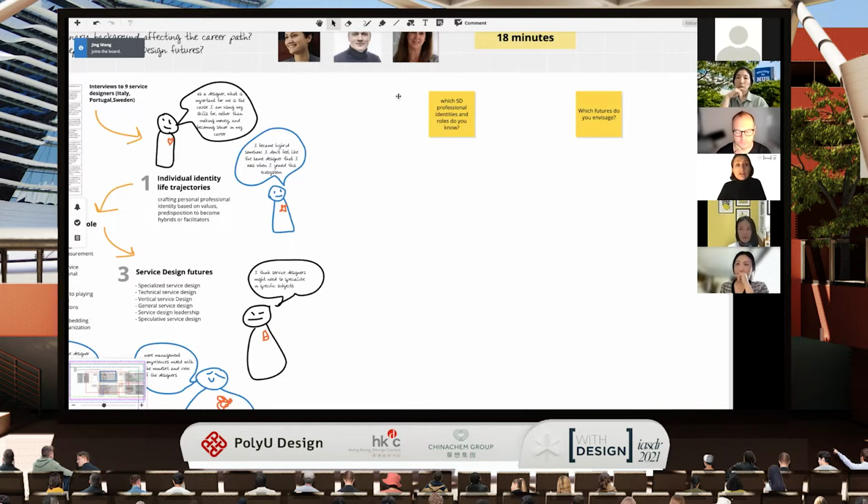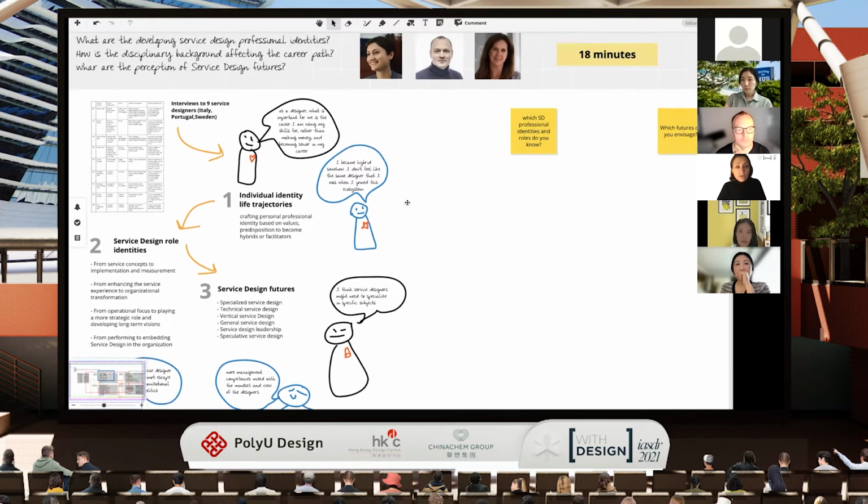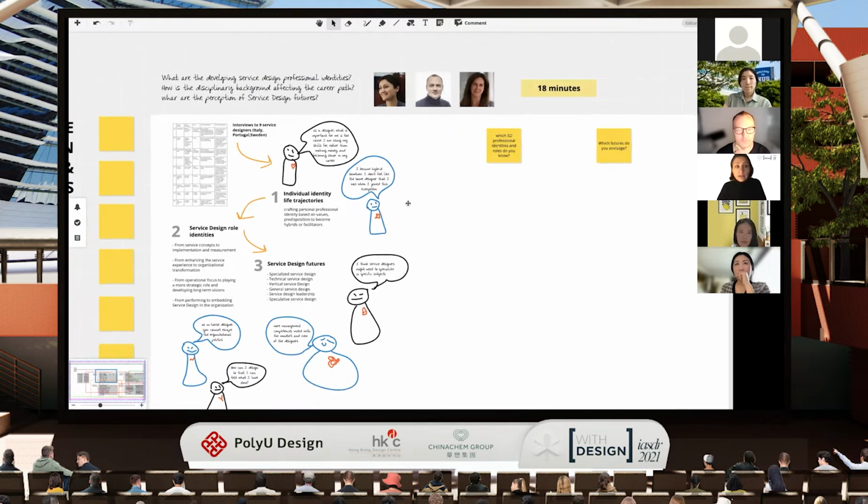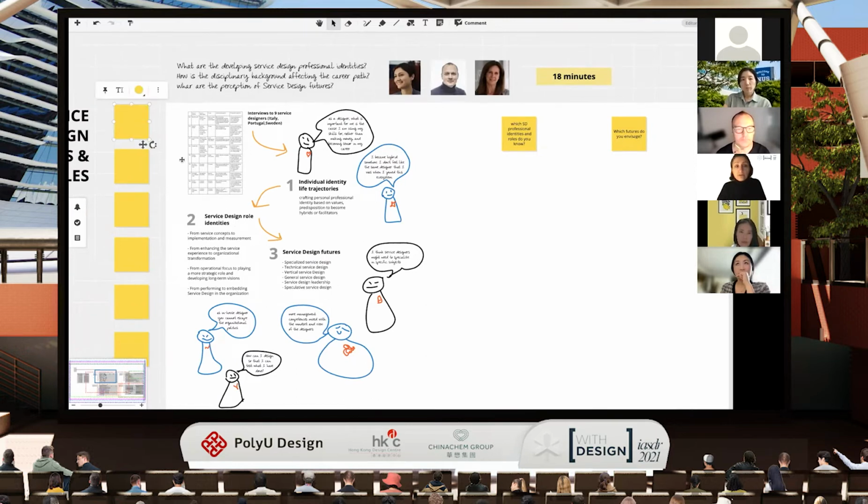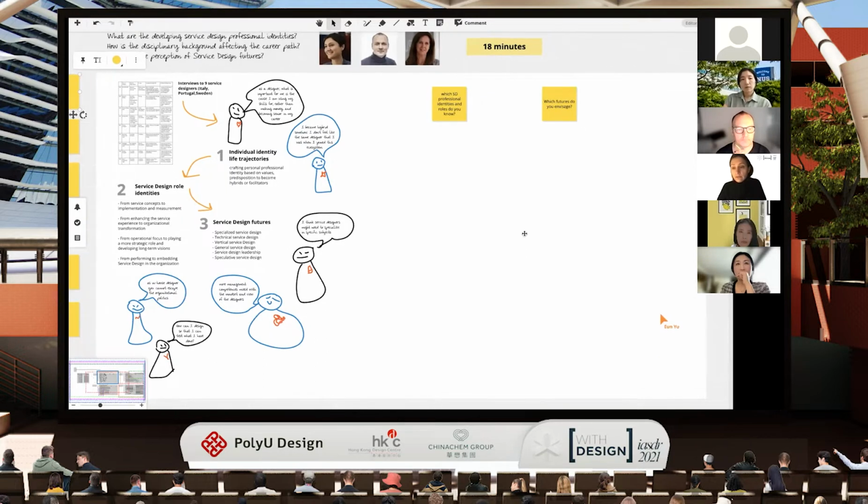So you can write some comments in the chat, or you can again join this board, and I saw a few people entering, and use one of these post-its to leave your comment. We see if there is anyone. You can also raise your hand in the Zoom meeting, and we can give you the possibility to talk.